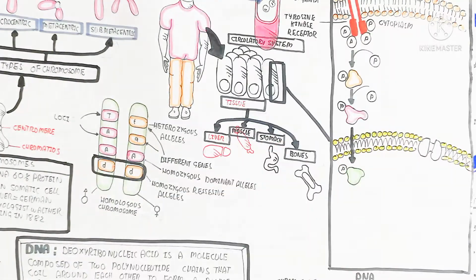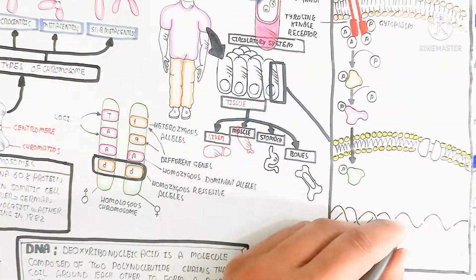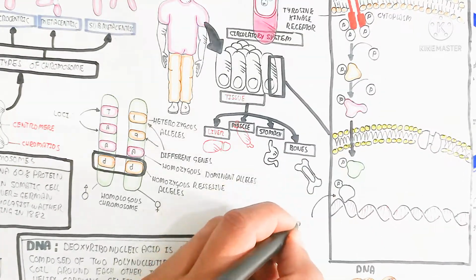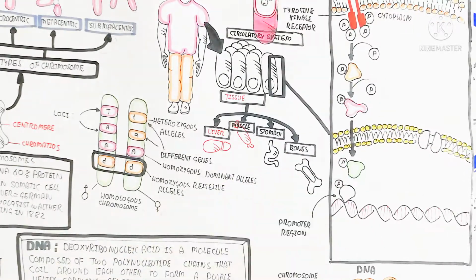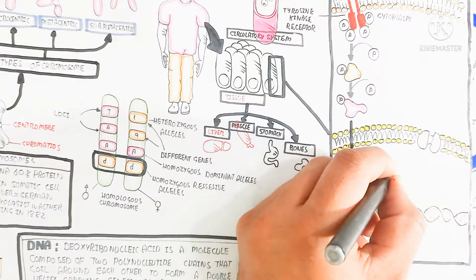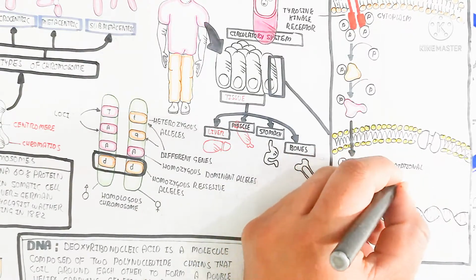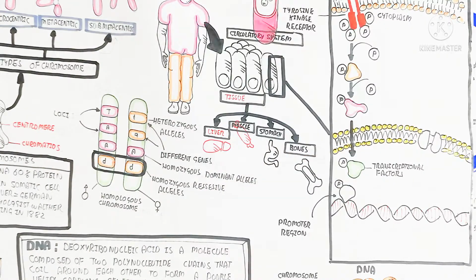This transcriptional factor will move into the nucleus. Here the nucleus contains DNA in the form of chromosome, and where gene activation is required, the acetyl group will be added.